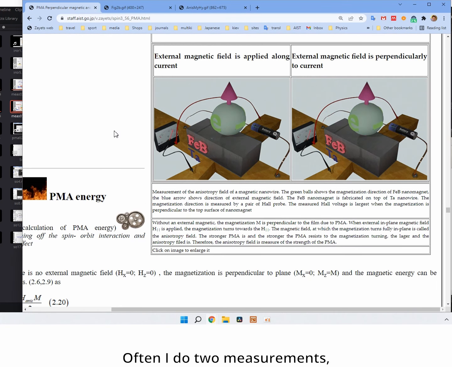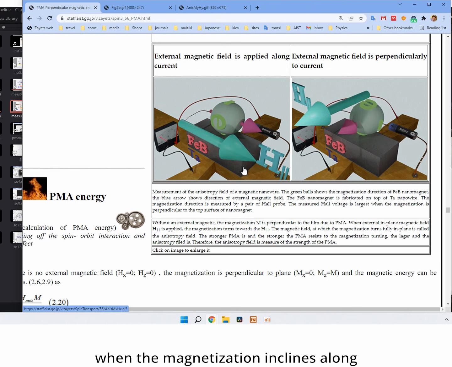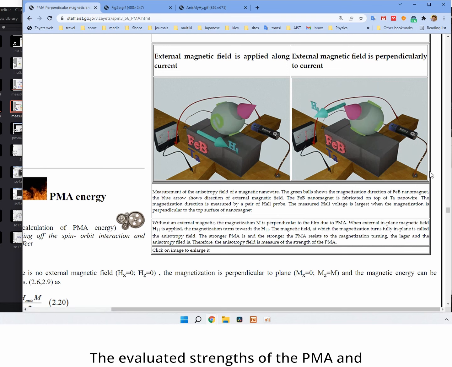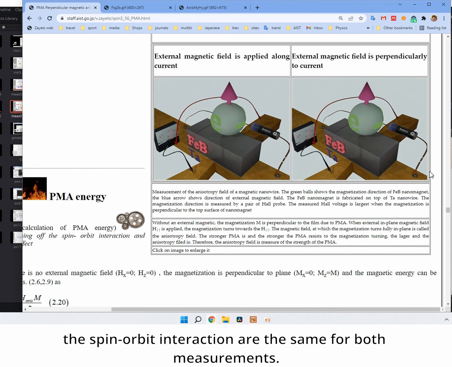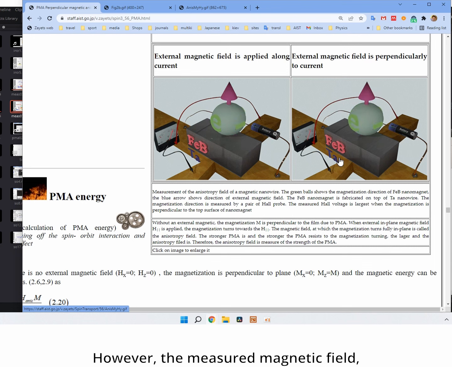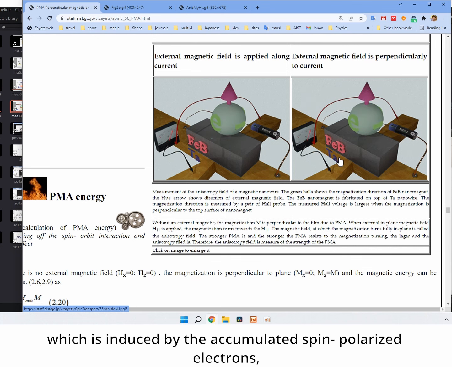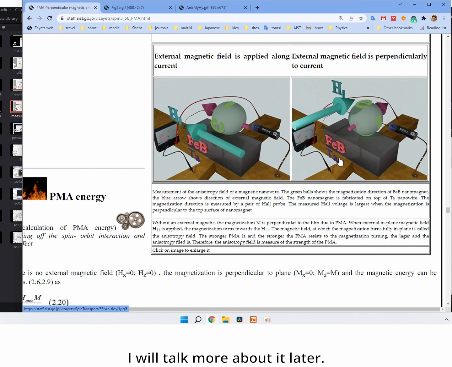Often I do two measurements when the magnetization is inclined along and perpendicularly to the current direction. The evaluated strengths of the PMA and the spin-orbit interaction are the same for both measurements. However, the measured magnetic fields, which are induced by accumulated spin-polarized electrons, are different for each measurement. I will talk more about it later.